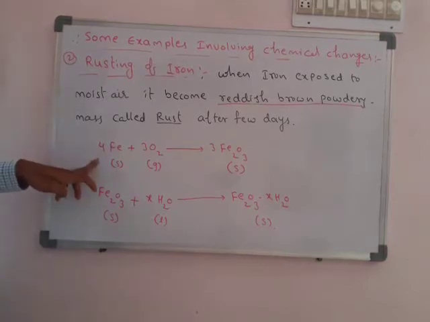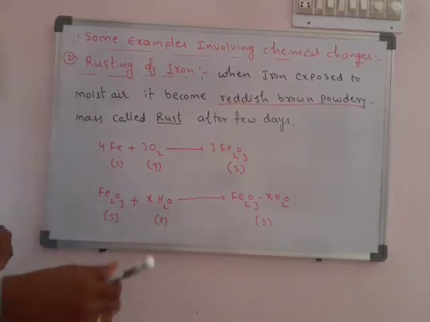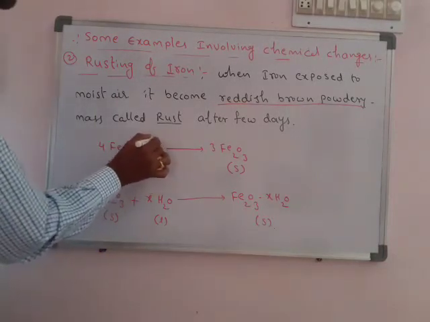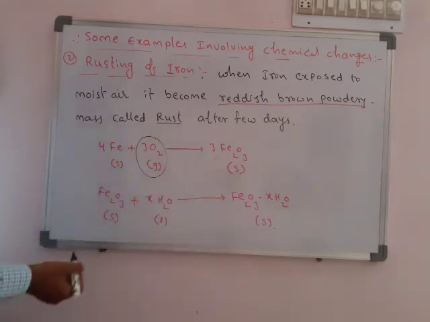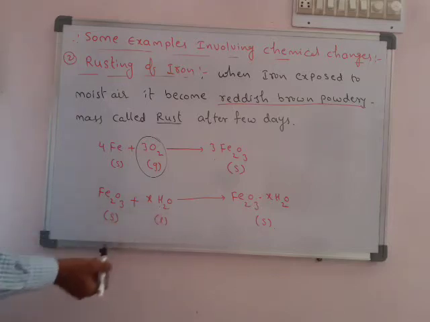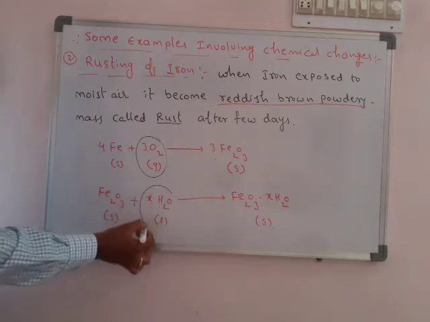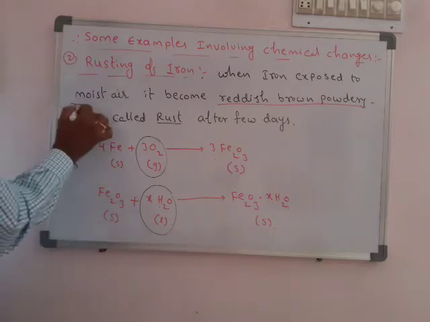So when iron is exposed to air, it combines with oxygen at first. Where does it get the oxygen? From air, forming ferric oxide. The ferric oxide again combines with some molecules of water. Where does it get water? It is also from air, that's why we say moist air.